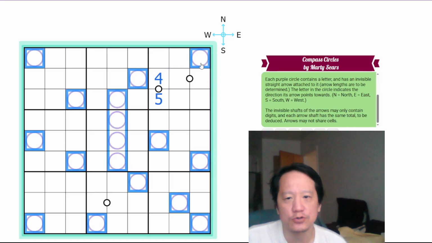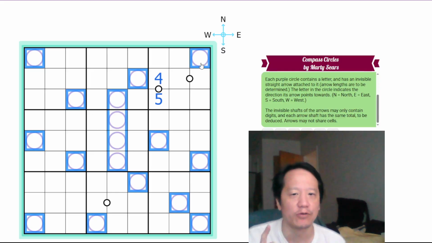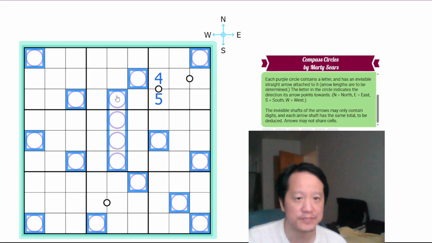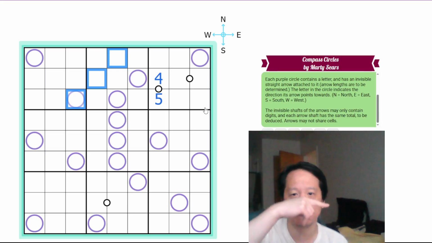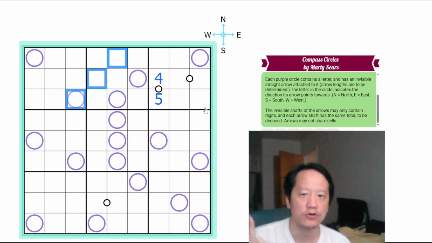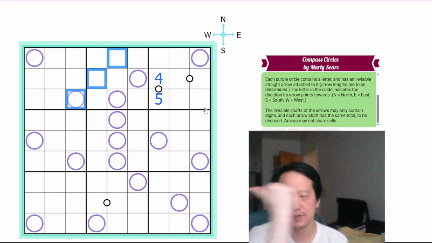Each purple circle contains a letter and has an invisible straight arrow attached to it. Arrow lengths are to be determined. So every purple circle has a letter in it, and they have an arrow pointing in some direction that is straight. The letter in the circle indicates the direction its arrow points towards, and you can only point north, east, south, and west.